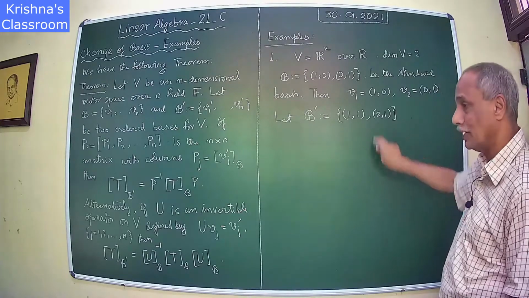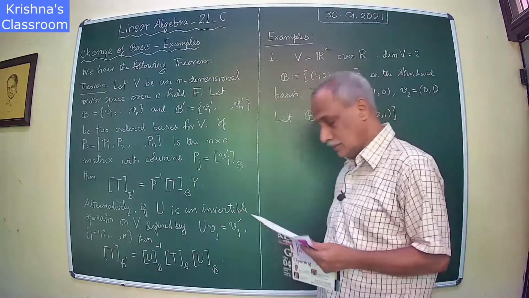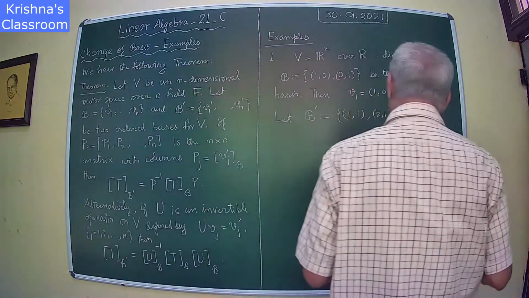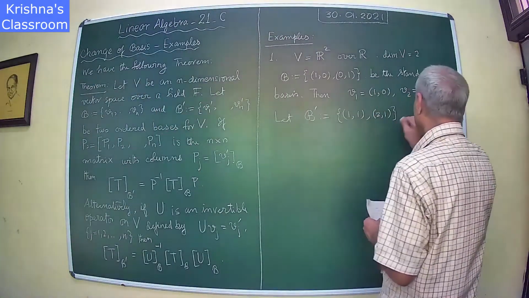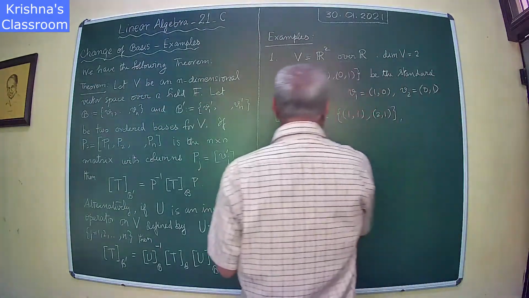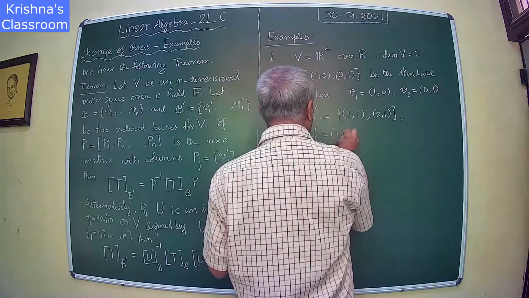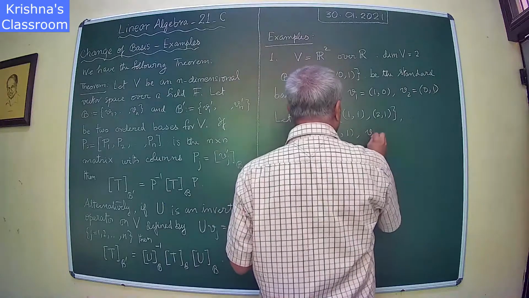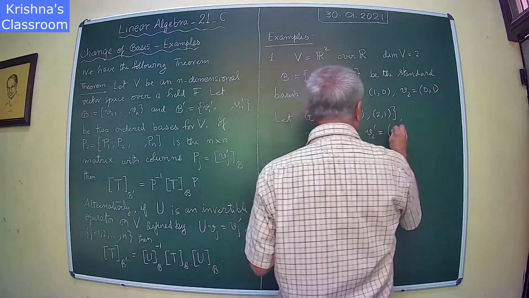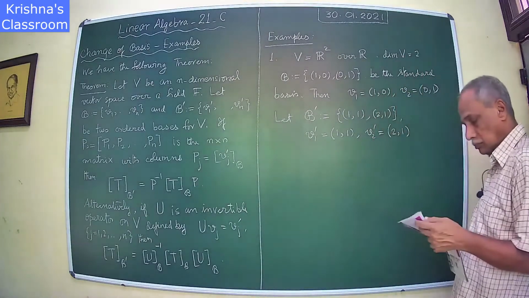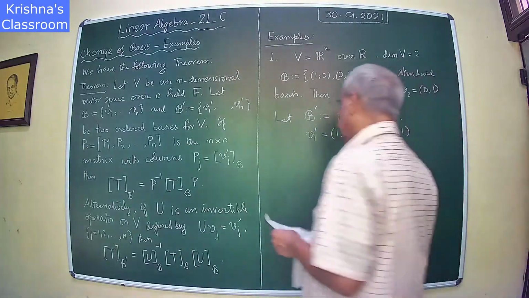So there are two vectors here which span the whole space. Therefore, V1 prime in our notation is taken as 1, 1, and V2 prime we take as 2, 1. Now we observe that.